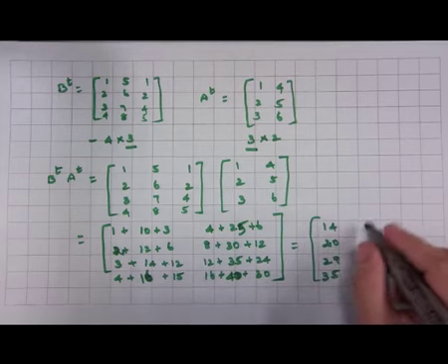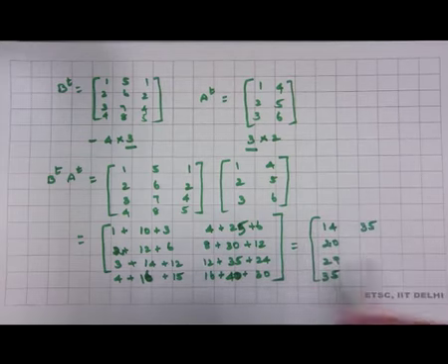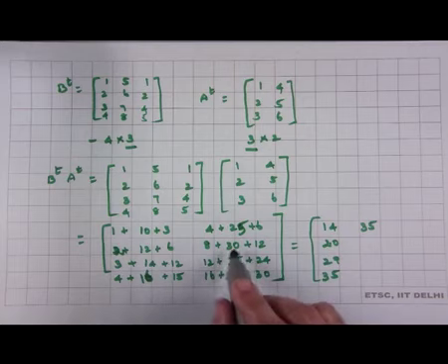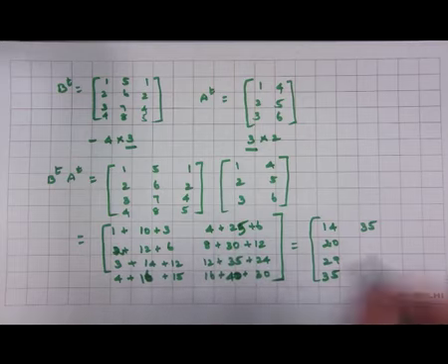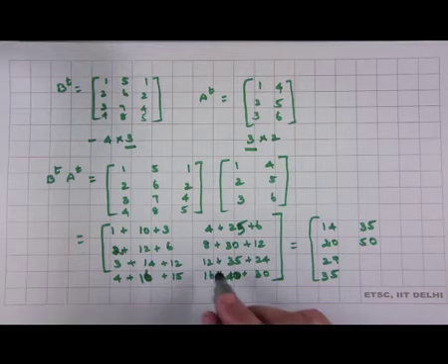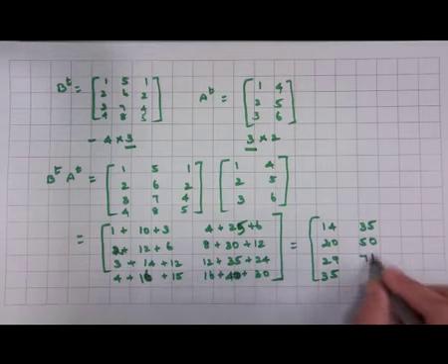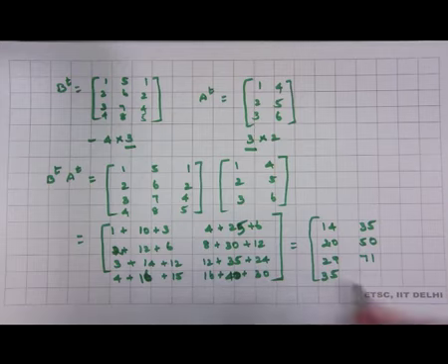So, this will give me 35, and then 38, this is 50, 47 plus 24, 71, 86.